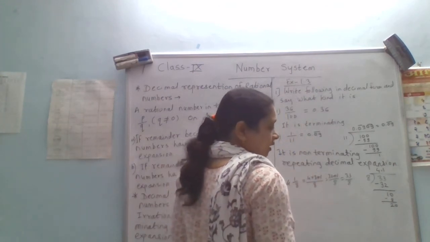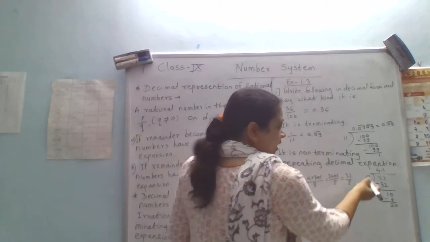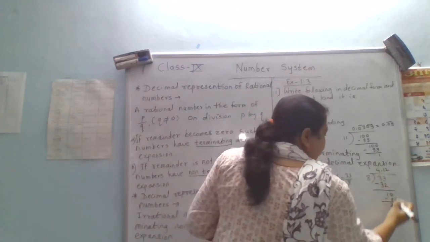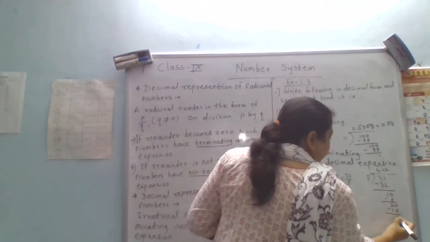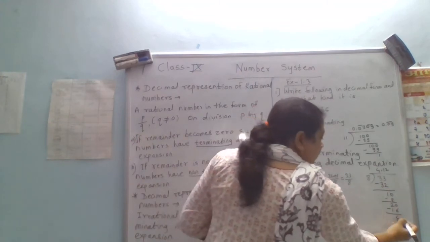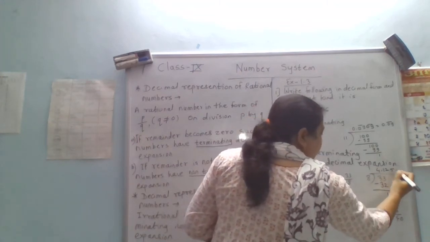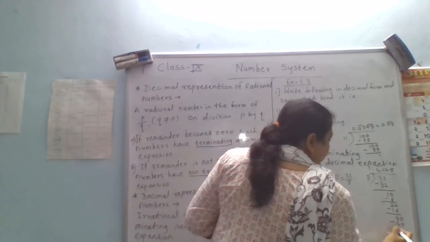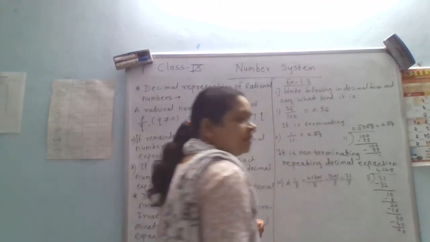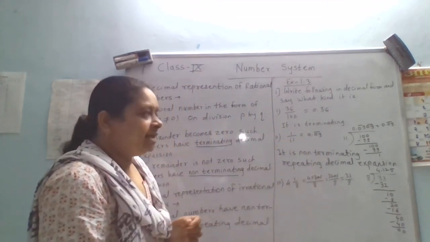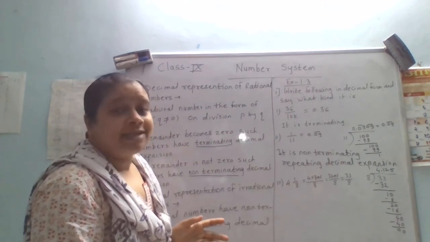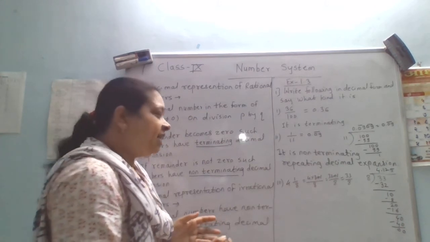Then 8 2s are 16, then 4 comes. Then take 0. 8 5s are 40. Here the remainder comes 0, which means this type of decimal expansion is a terminating decimal expansion.